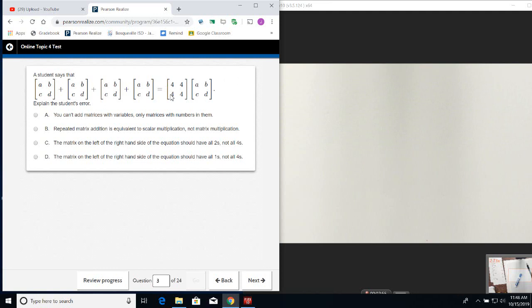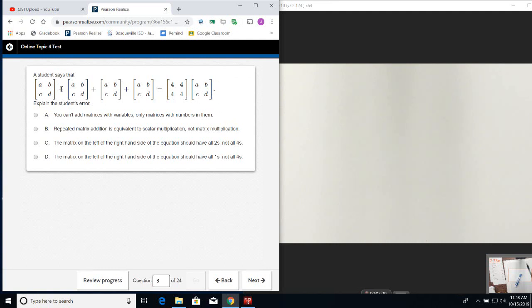Right? Plus the next row times the next column would be 4B plus 4D. Right? Plus the next row times the next column, that next entry would be 4A plus 4C, and then plus the next row times the next column, the last element would be 4B plus 4D. Is that the same thing as this?